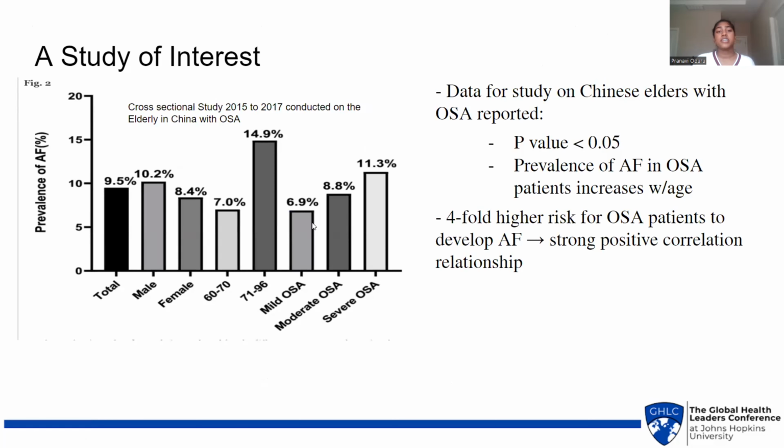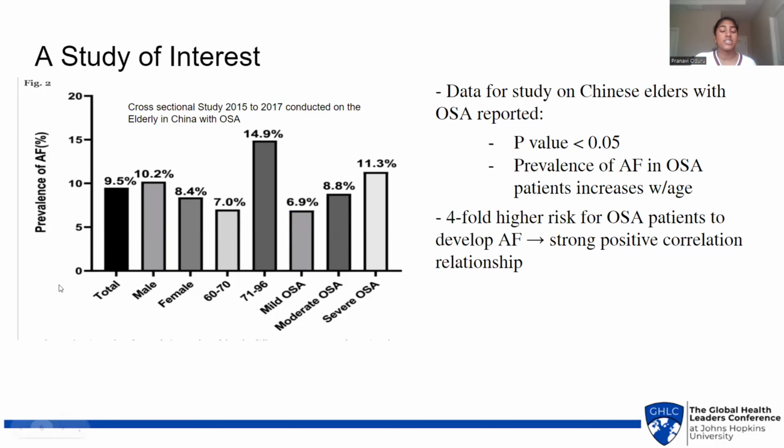Now, a specific study of interest that I wanted to focus on is this cross-sectional study conducted between 2015 and 2017 on elderly in China with OSA. This is the data that was reported. What we can see from this graph is that on the x-axis, we have the different demographics of patients with OSA: males, females, ages 60 to 70 and 71 to 96.